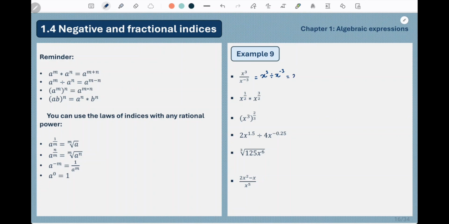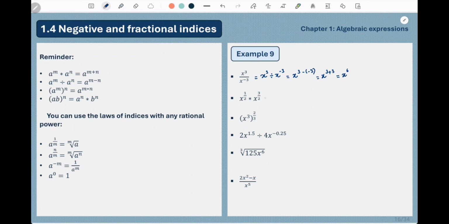And from my rule over there, I know that m is 3 and my n is minus 3. I'm simply using the rule, I'm not doing anything new. So x to the power of 3 plus 3, because minus minus 3 is plus 3, and I'm going to end up with x to the power of 6.